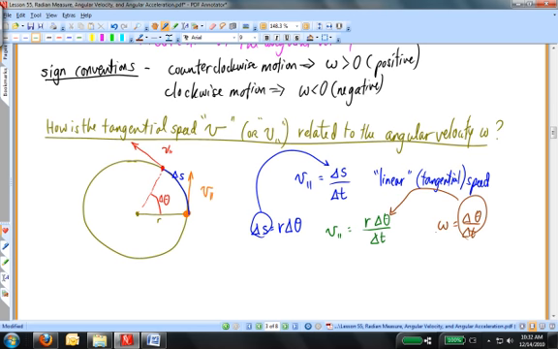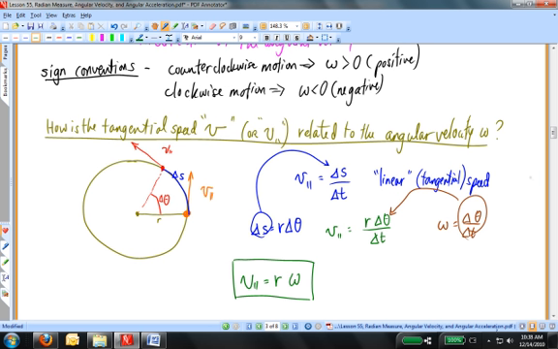Let's make that substitution so that finally we're going to end up with a relationship that tells us that v tangential, or the linear speed, is equal to r, the radius, times the angular speed. That is going to be a very important relationship. This is the relationship between linear speed, tangent to the circle, and angular speed.